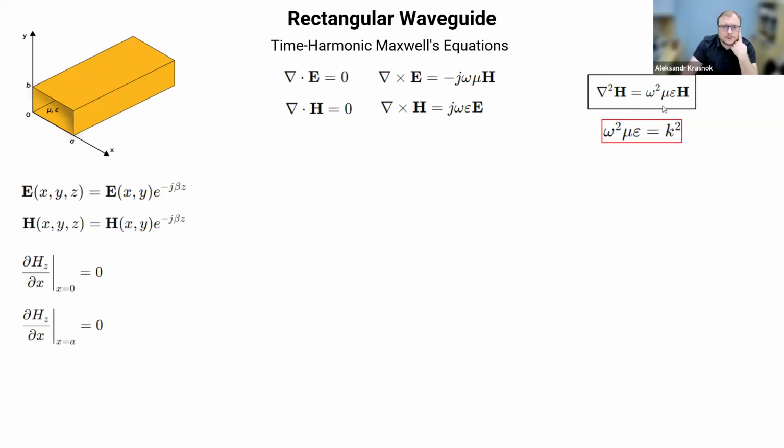This one is for magnetic field. Here we can introduce this value, omega square times mu epsilon. We denote this as k square, which is wave number squared.